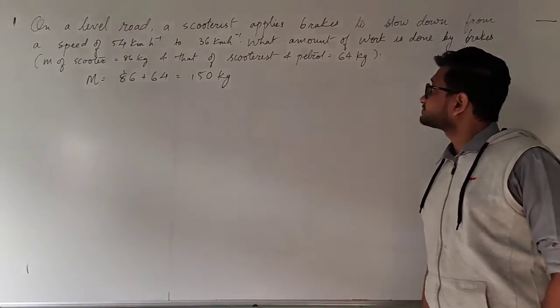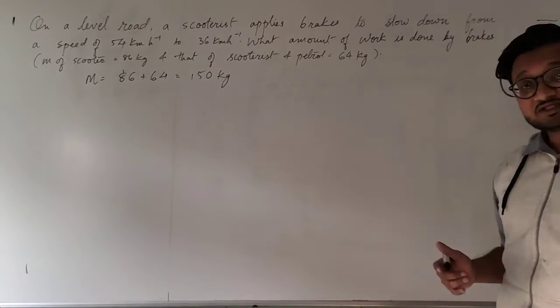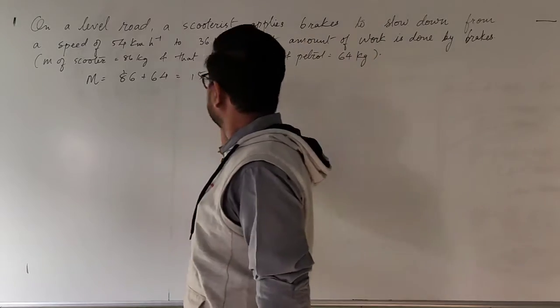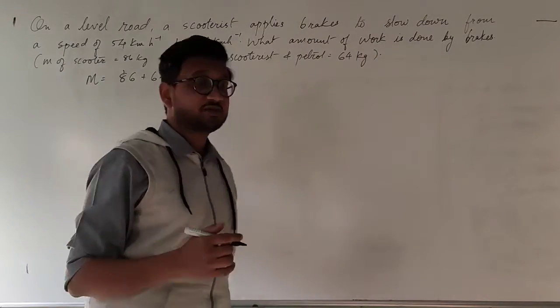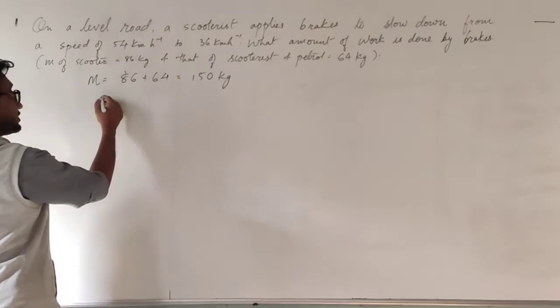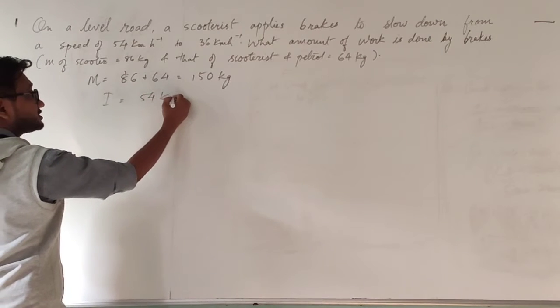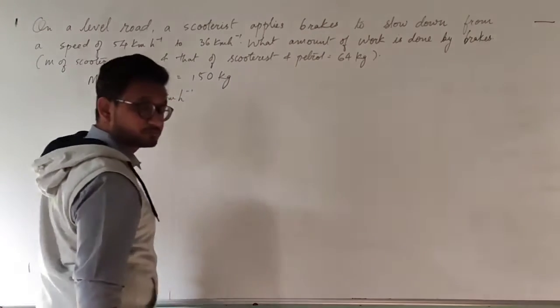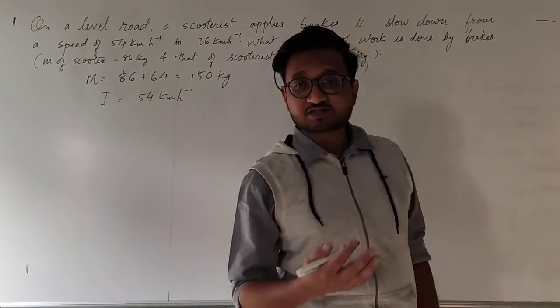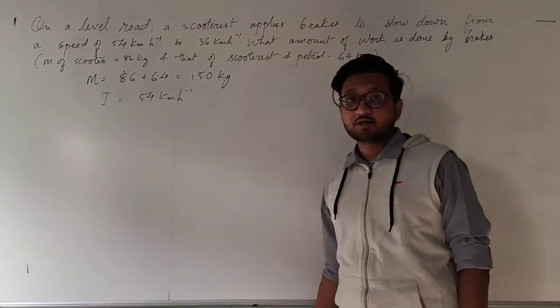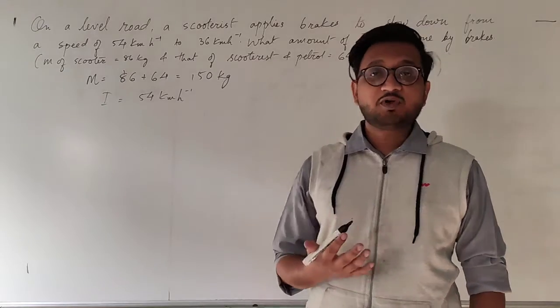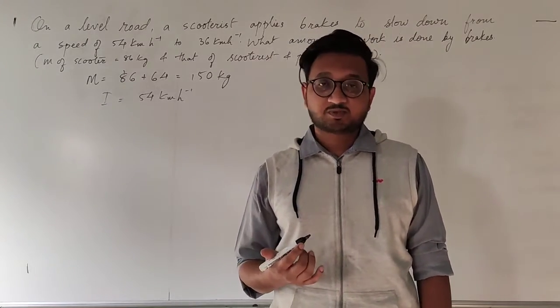Moving forward, we have speeds: the initial speed is 54 kilometers per hour, and the final speed is 36. Now, I have said this many times, whenever the speed is in kilometers per hour, you always need to convert it into meters per second.